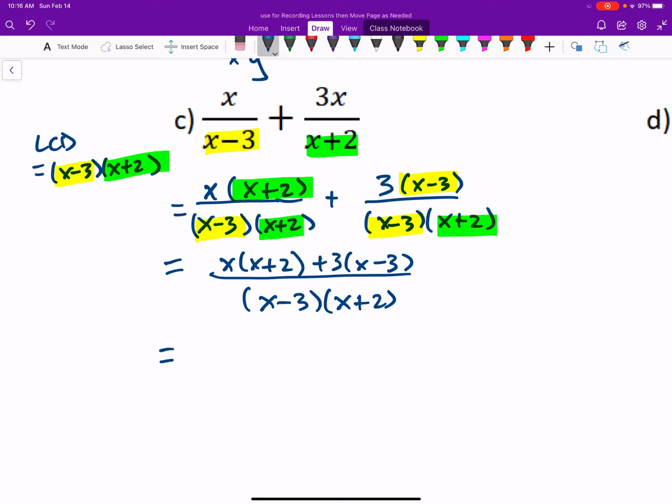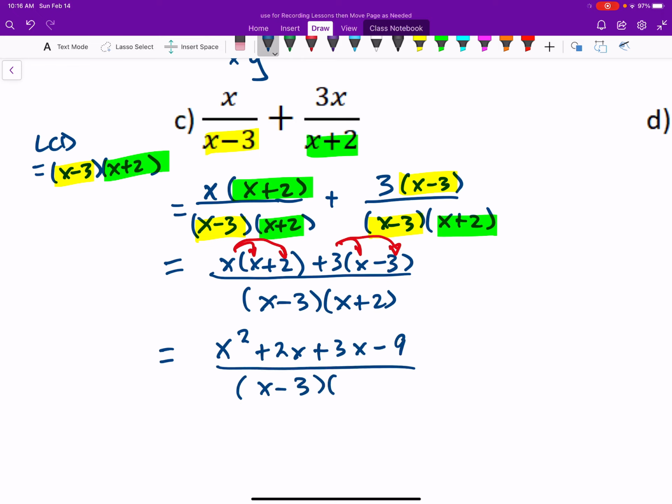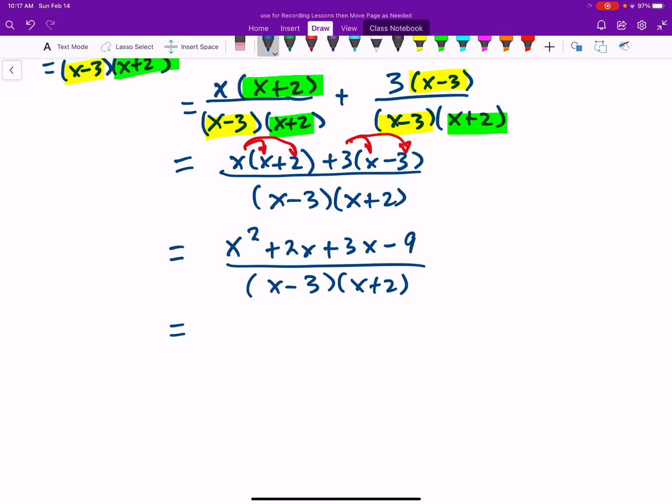What I can do is use the distributive law here and here, and then see if I can collect like terms and simplify it more that way. So I'd get x squared plus 2x plus 3x minus 9, and I'll leave the denominator factored. And I can collect my like terms: x squared plus 5x minus 9 over x minus 3 times x plus 2.